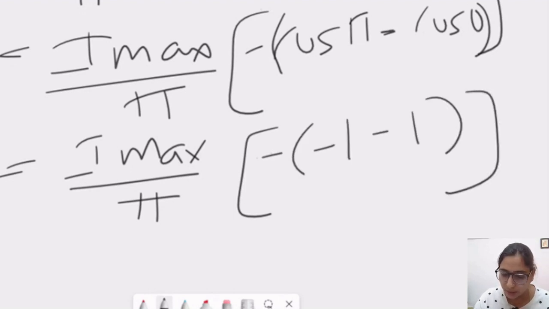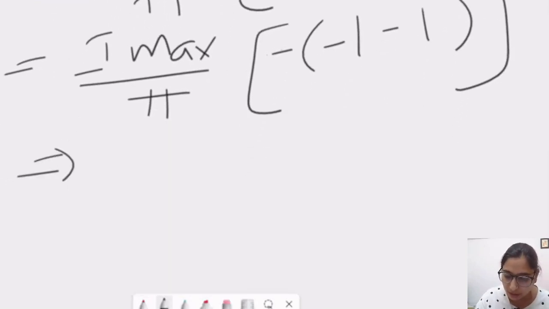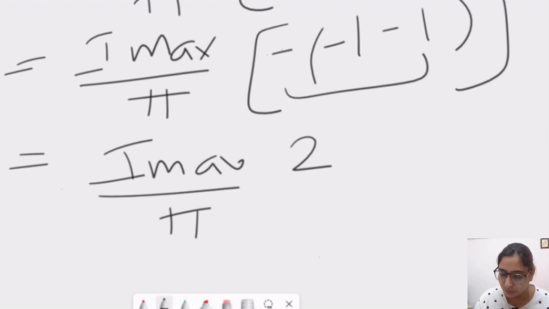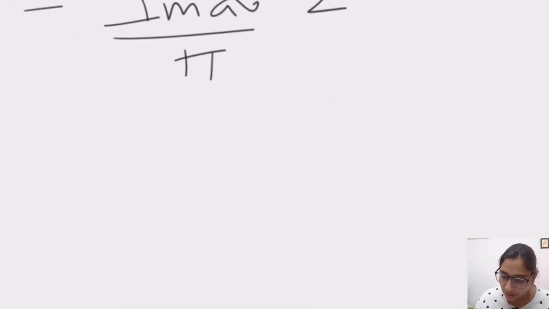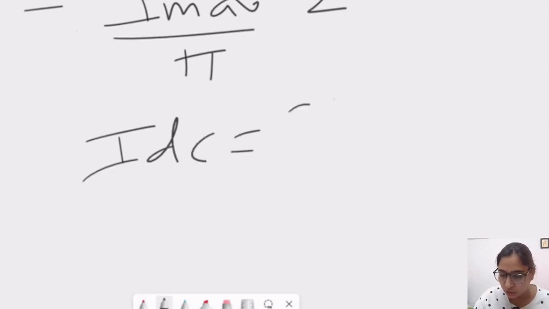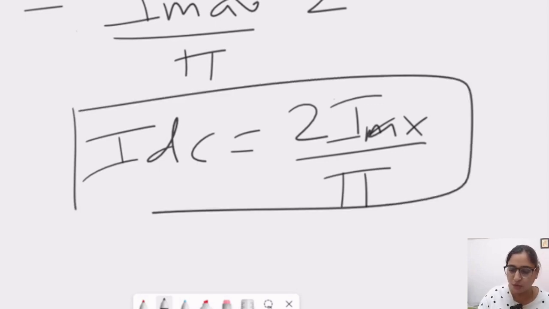So this is nothing but minus 2 over here, and if we multiply it with the minus which is outside the bracket, it will become plus 2. So this becomes 2 I max by pi, and this whole term becomes positive. So we have the value of IDC now. IDC is twice of I max by pi. This is the value of DC output current.